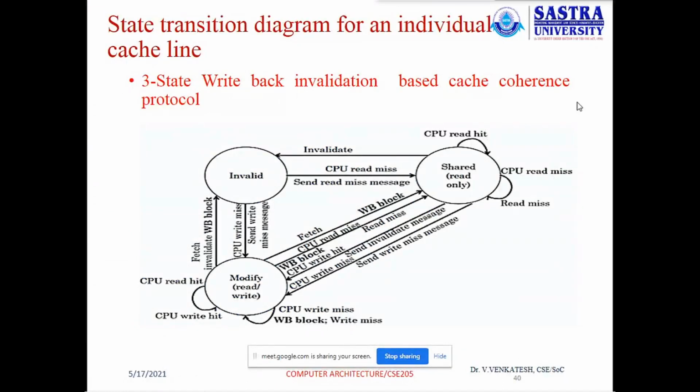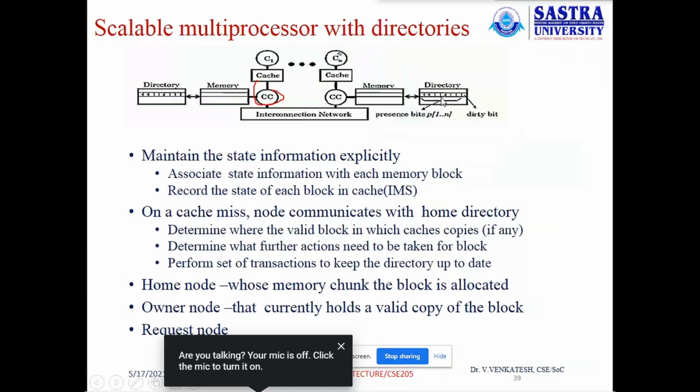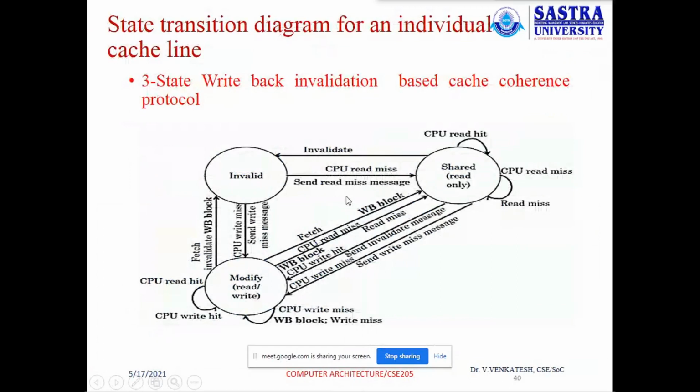So in the directory-based protocol, again, on a CPU read miss, instead of placing a read miss on the bus, we send a read miss message, which will be transmitted by the interconnection network, and then according to that they will receive that message.